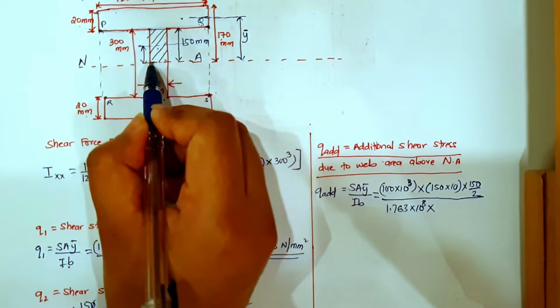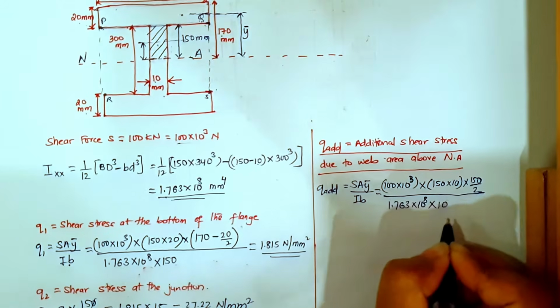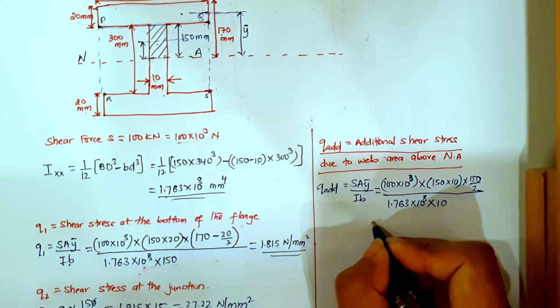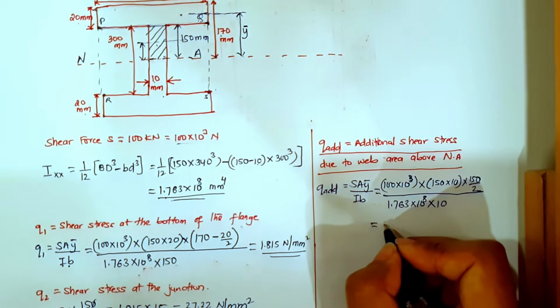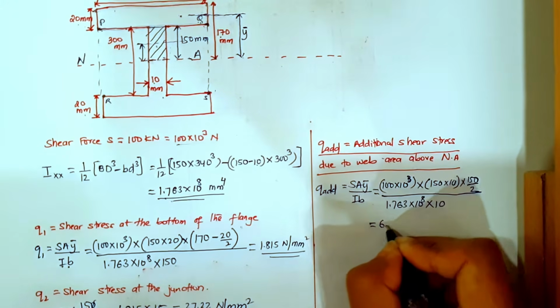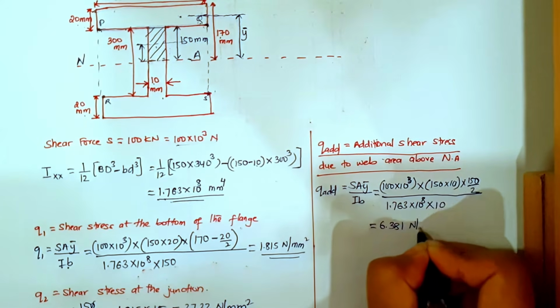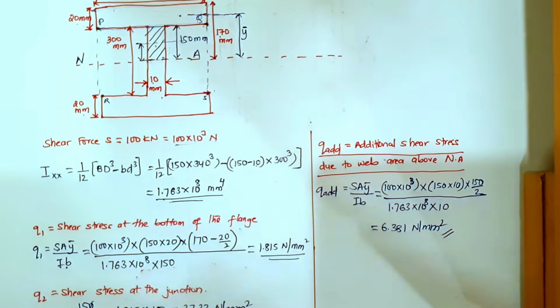Width is equal to 10 only. So into 10. So from here Q additional will come equal to 6.381 Newton per mm square.